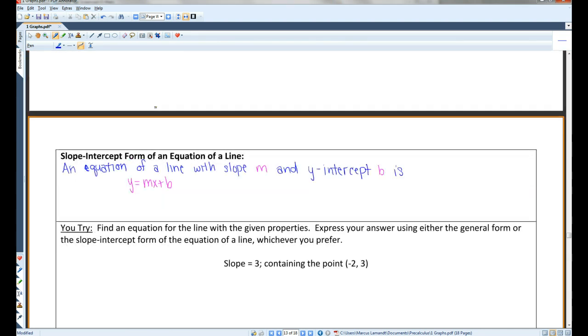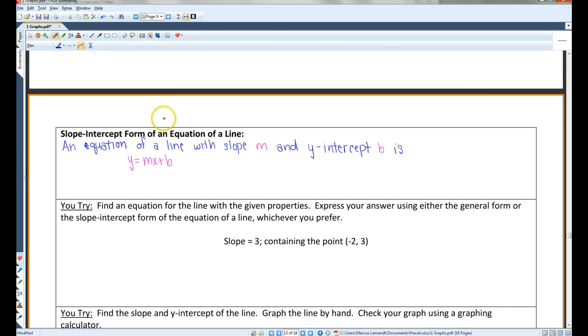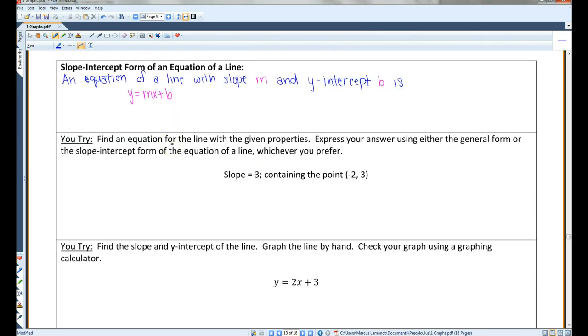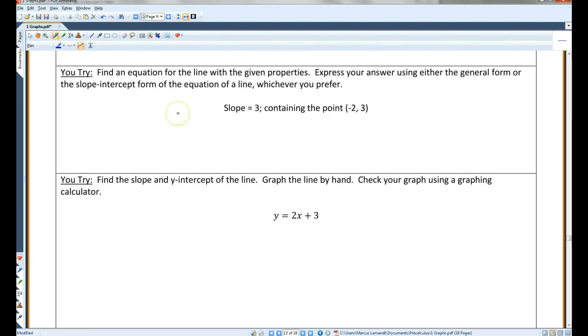But I want you to be familiar with point-slope form, slope-intercept form, and we're also going to get to general form, because depending on the problem, oftentimes one equation is easier to use than the others. Personally, I tend to like this one, so you'll see me use it a lot, but you don't have to, unless the problem specifies which form to use. If it doesn't specify, I don't really care. Alright, you guys can go ahead and try these two.